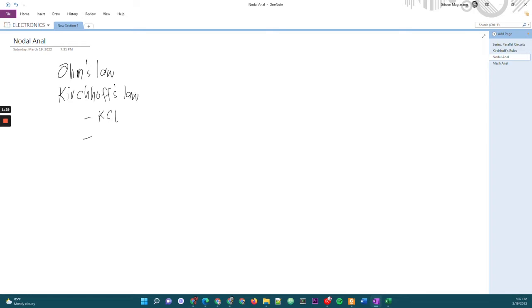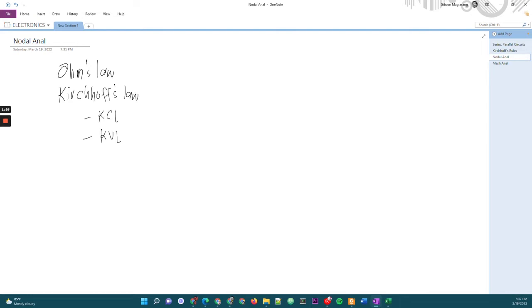So the total sum of the current entering and leaving a certain node or junction should be equal to 0. In other words, the total current entering a junction should be equal to the total current leaving out of the junction or node.